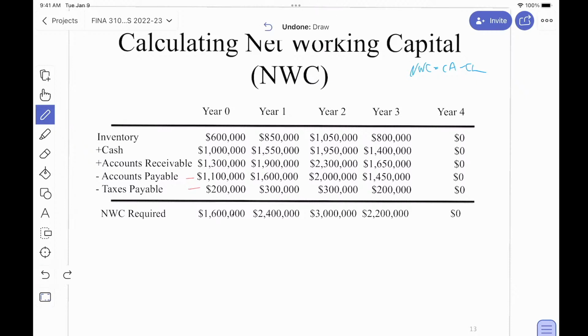And immediately up front, we need to have $1.6 million. And then in the next year, we need an additional $800,000. How did I figure that out? I take 2.4 million minus 1.6 million and get 800,000.